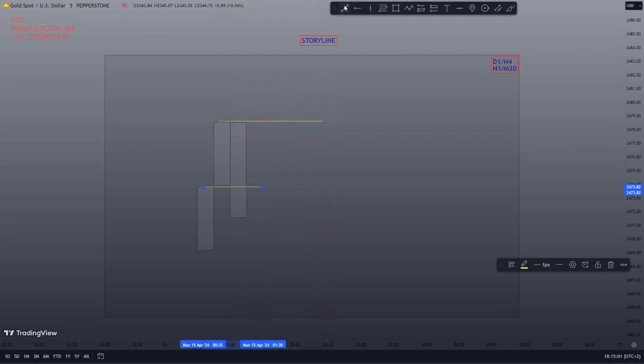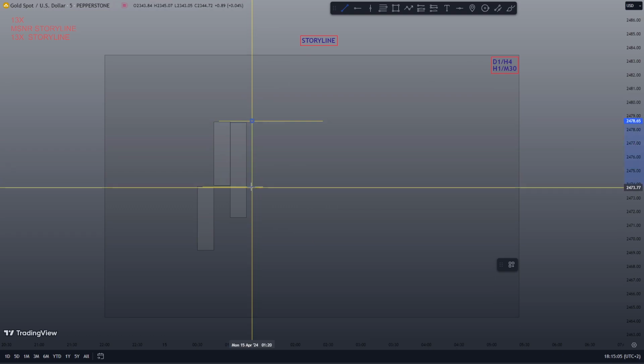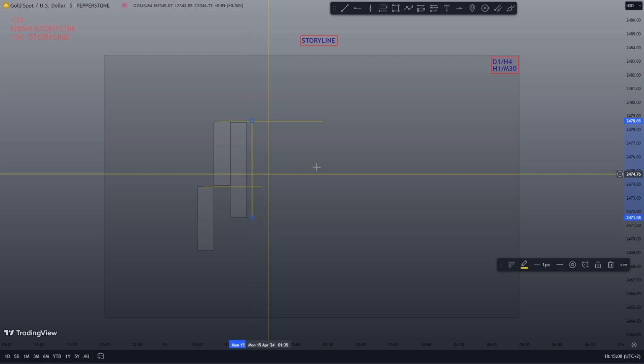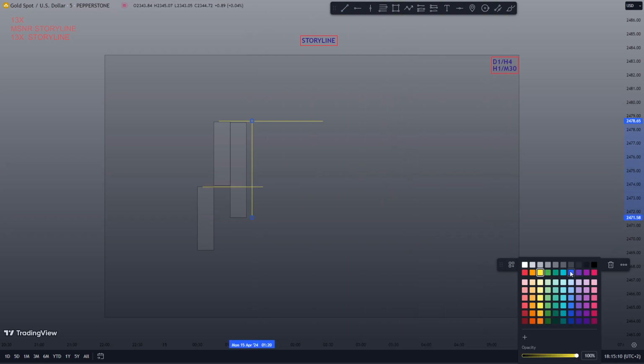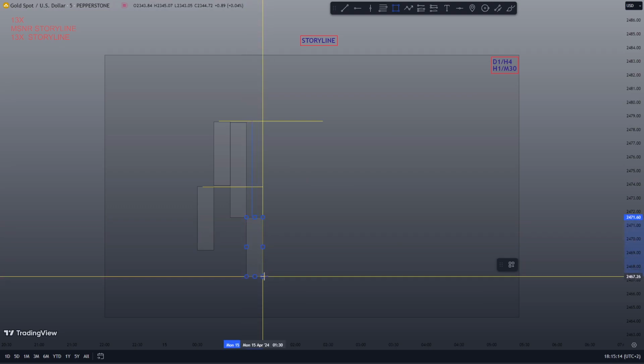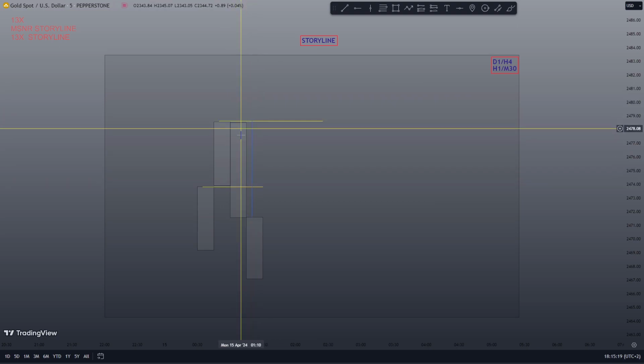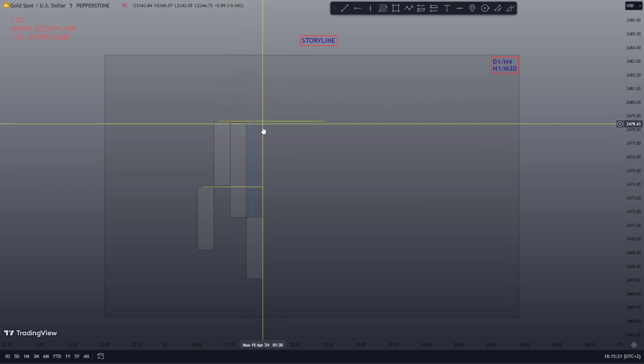If price goes up just a little more, both those two levels are unfresh.